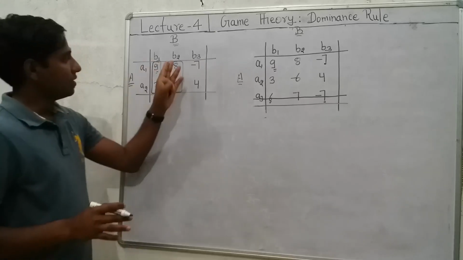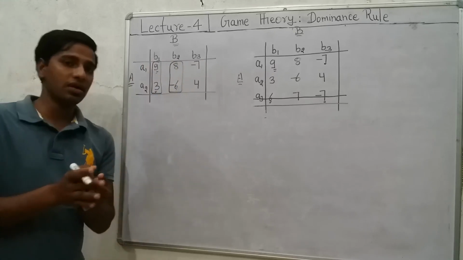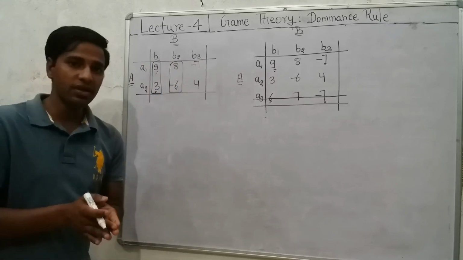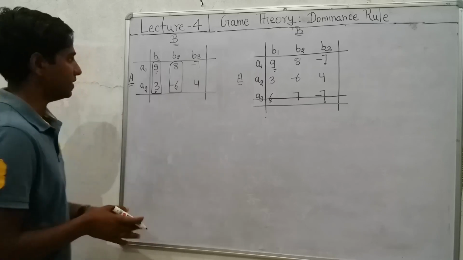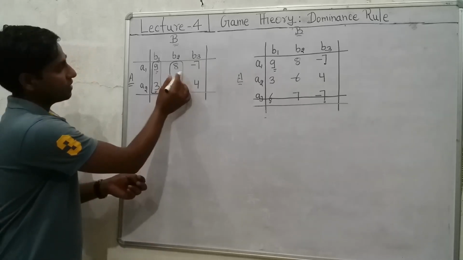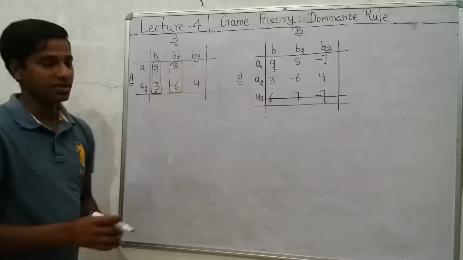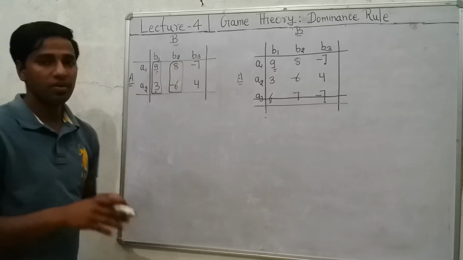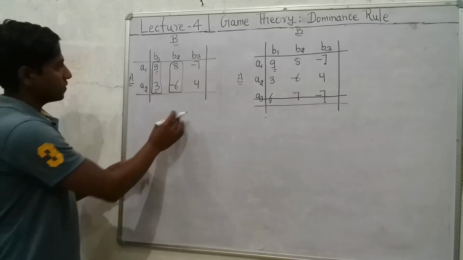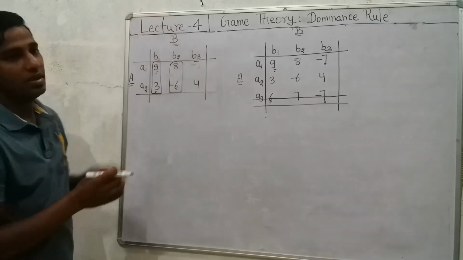Because these are representing loss to company B. So what would be the better number for company B? The one which shows less loss to company B. So 8 is better because it represents an 8% loss of market share in comparison to 9, which represents a 9% loss of market share. So we can say that the B2 strategy is dominating over the B1 strategy.